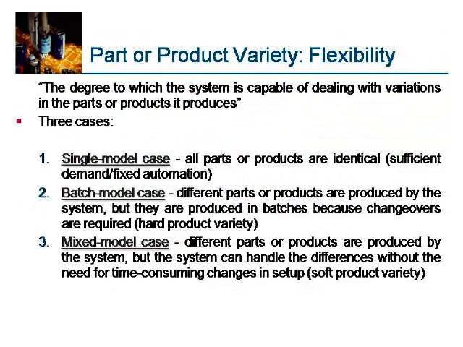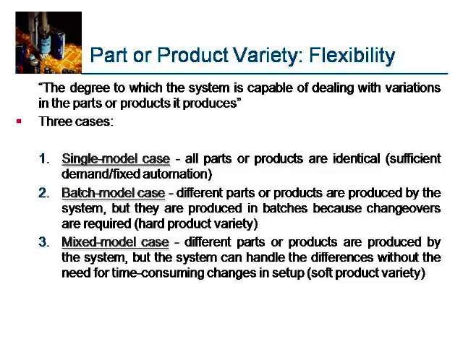Part or product variety, which is also called flexibility, is the degree to which the system is capable of dealing with variations in the parts or products it produces. Three cases. Single model case: all parts or products are identical, sufficient demand, and fixed automation is required.